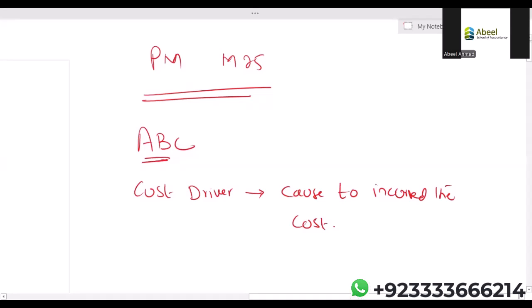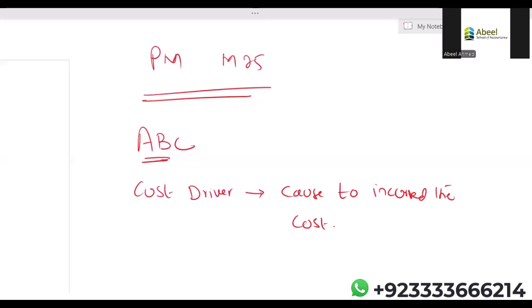So under ABC costing, what are we going to do? We will be calculating the ABC rate by using cost drivers. The biggest difference between ABC and absorption costing is that under absorption costing there is no fair allocation of overheads, but ABC claims to give a fair allocation due to the concept of cost drivers.